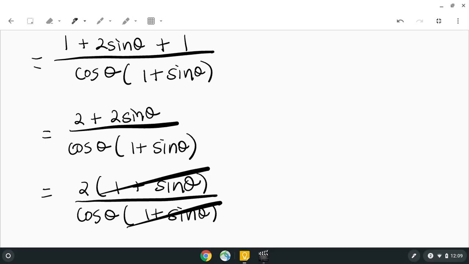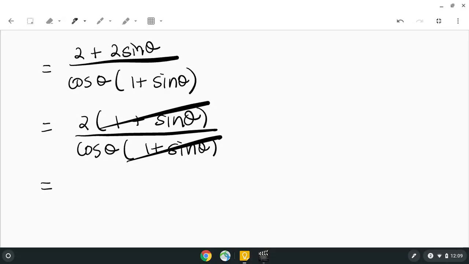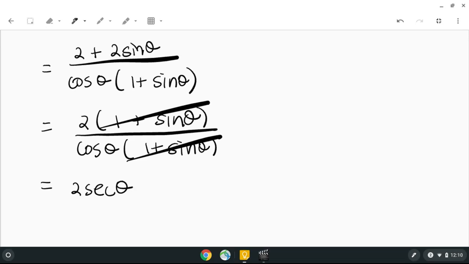And 2 over cosine. You shouldn't ever really have a trig function in the denominator because we have all of the reciprocal ones. So 1 over cosine is secant. So I get 2 secant theta, and I believe that's what we were trying to get.